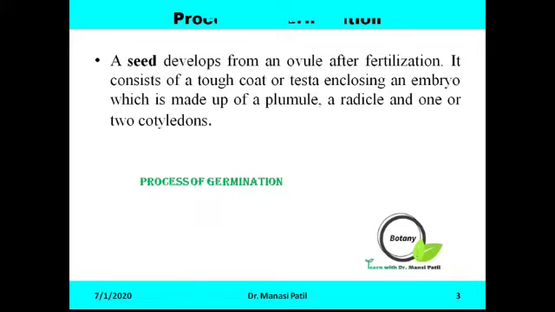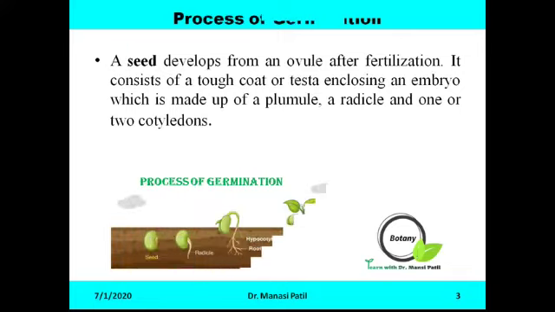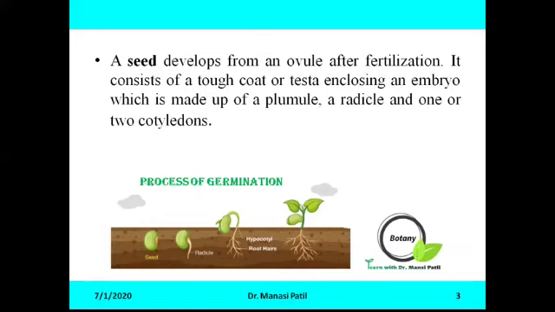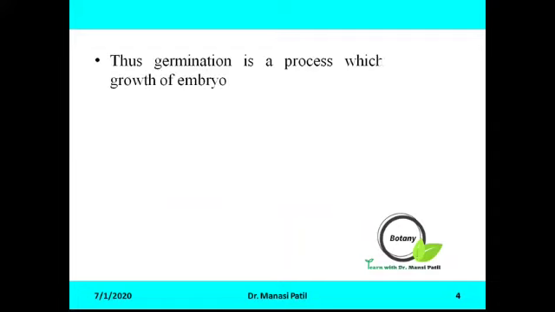The picture below shows that the first sign of germination is the emergence of the radicle. The radicle grows into the primary root system. The plumule comes out later and grows into the shoot system. Thus, germination is a process which stimulates growth of the embryo.